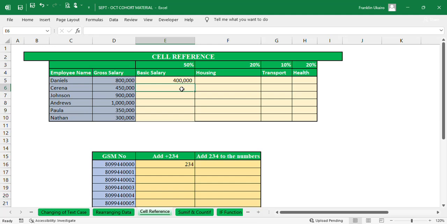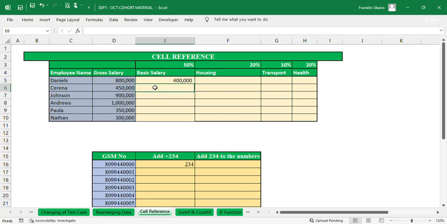All right, so now we are saying to be able to autofill, you have to make this 50% constant. When you make it constant, you're saying, 50%, go and multiply all these guys here and get the right answers. Remember, the reason we got wrong answers is because 50% did not multiply all these guys.